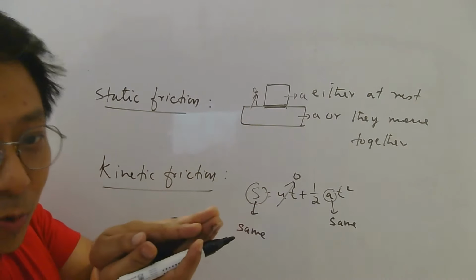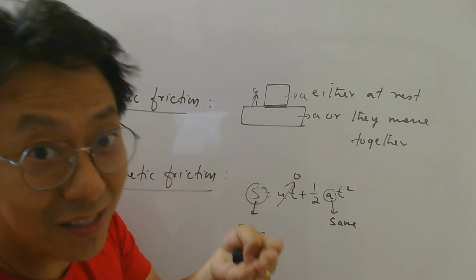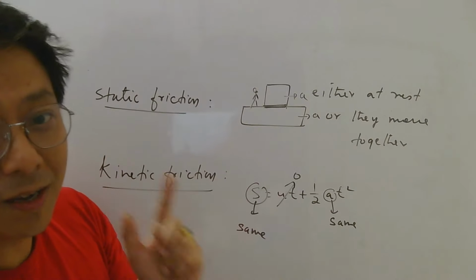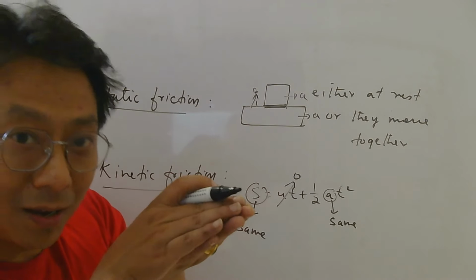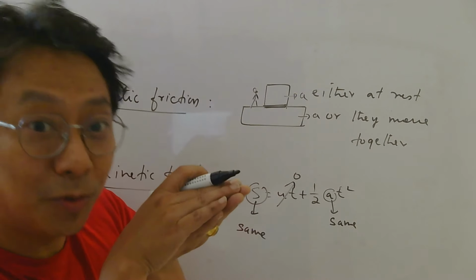So after 2 seconds, both will cover same displacement. So one will see the other one is at rest, static. So don't think static friction acts only when they are at rest. It also acts when they are moving, but they have to move together.